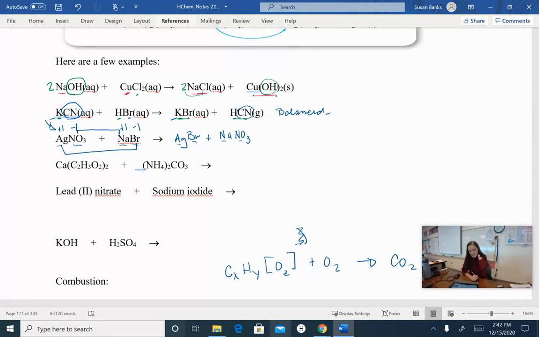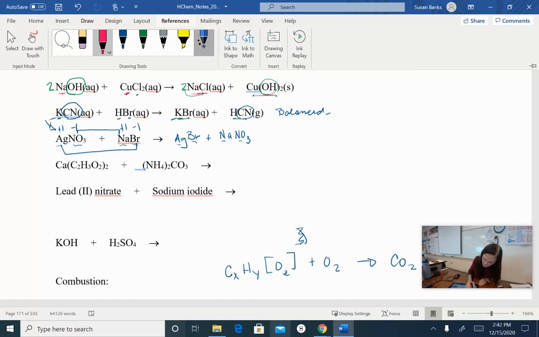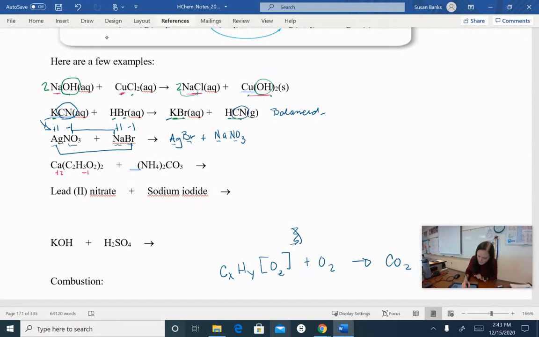All right, calcium acetate reacting with ammonium carbonate. Let's put in our charges really quick. Calcium has a charge of positive 2. Acetate has a charge of negative 1. Ammonium has a charge of positive 1, and carbonate has a charge of negative 2.